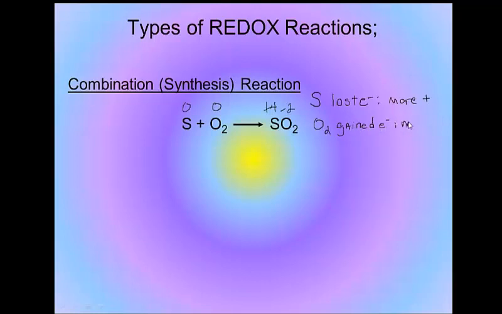Notice that it became more negative. Now again, redox reactions are the transfer of electrons. It is bookkeeping, just keeping track of how many electrons get transferred. In a redox reaction, something always has to lose electrons, and something always has to gain electrons.